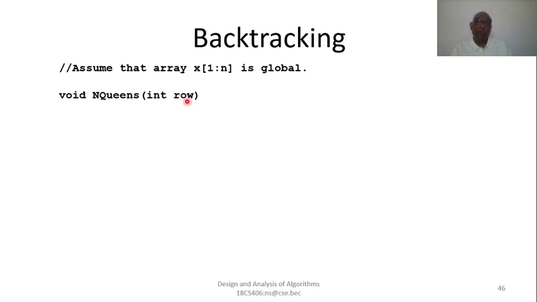Actually, this row stands for the level, and initially N-queens is called with row equal to 1 or level equal to 1, because the backtracking algorithm begins at the root node, which is at level k equal to 1. So row or level, both words are synonymous. You can treat row as level, and the N-queens function is invoked with level value or row value equal to 1.